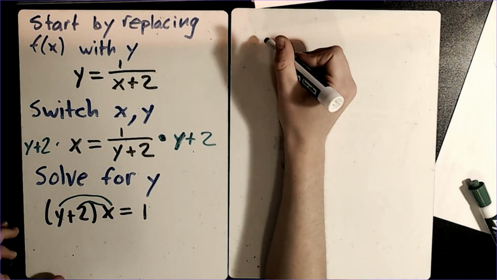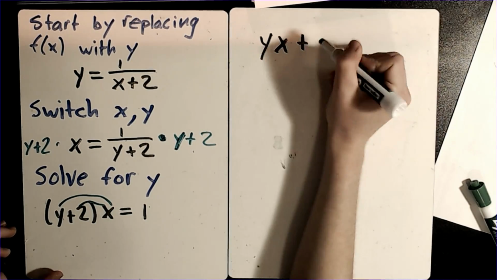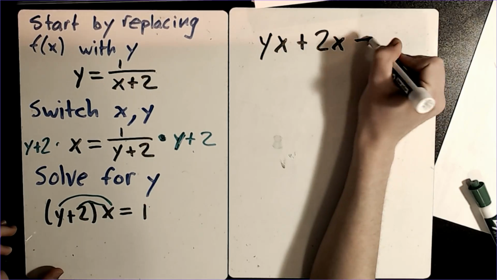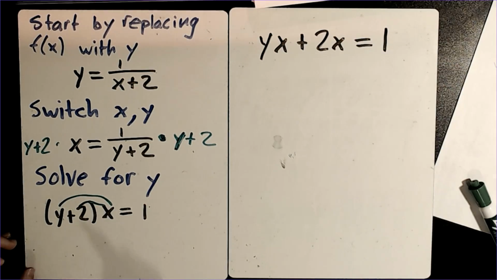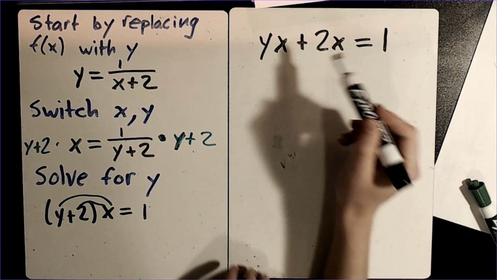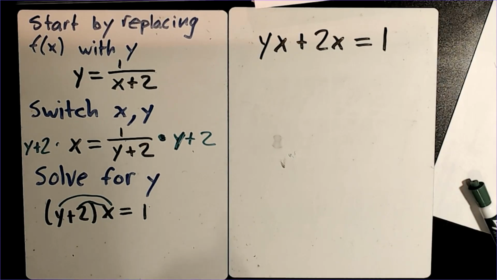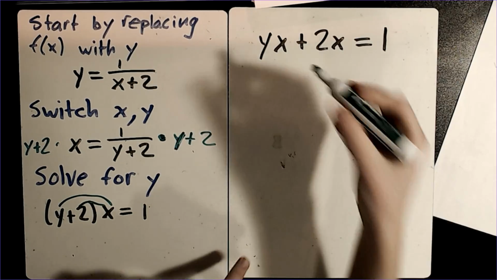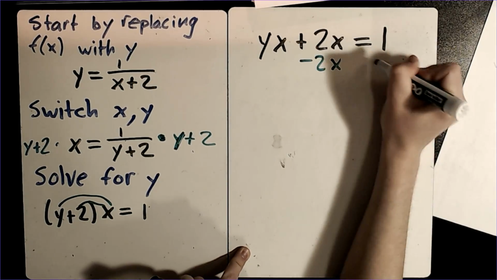So you get yx plus 2x is equal to 1. We just distributed that out there. And then we want to get y alone, so let's move this 2x over to the other side. Subtract 2x on both sides.